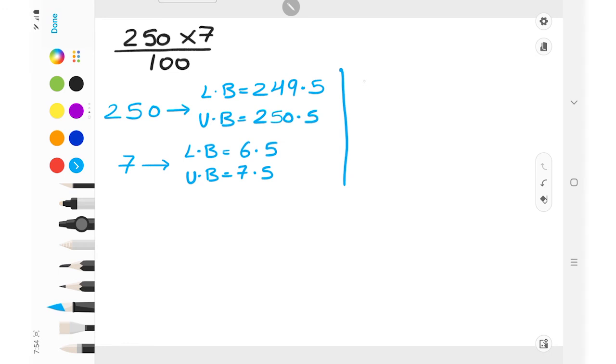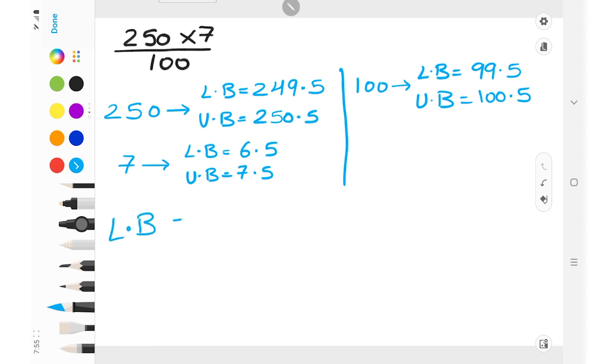And for the 100, my lower bound is 99.5 and my upper bound is 100.5.